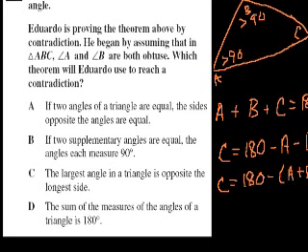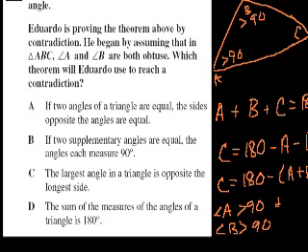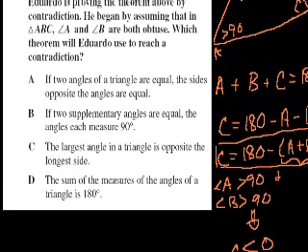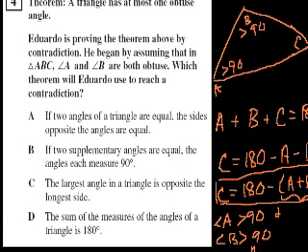So if this term is greater than 180 and we're subtracting it from 180, then the deduction is that C has to be less than 0, and we can't have negative angles. So right there, that is the contradiction.